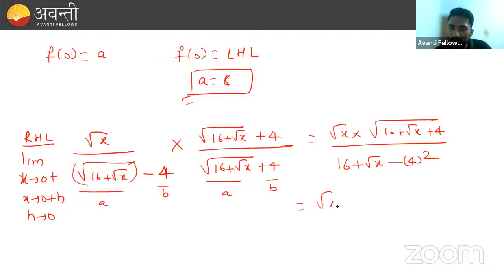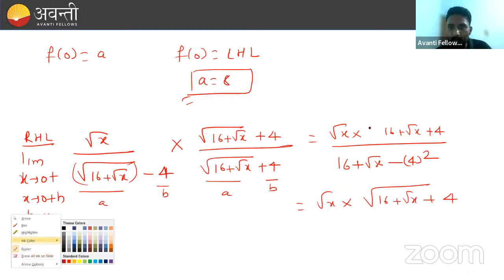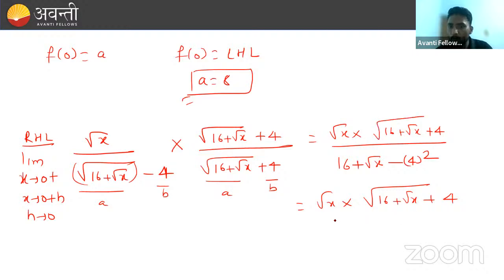So it will be root x and then 16 plus root x plus 4. Simply doing the calculation, nothing more than that. Okay, and then it is 16 minus 16, it will be plus, cancel out, root x, root x will cancel out. So what we have left with? We have left with root 16 plus root x plus 4.